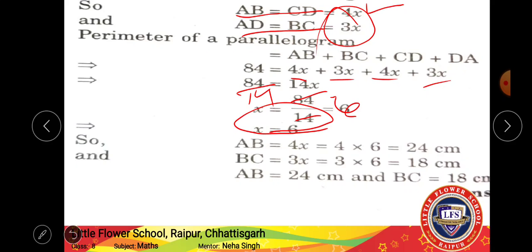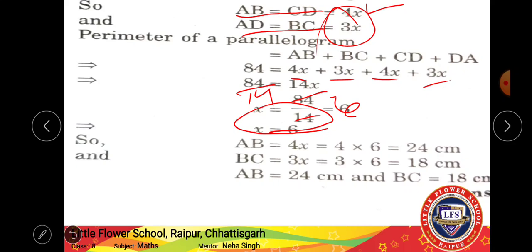BC is 3 into x, which is 3 into 6, that is 18. Similarly, AB and CD will be equal and AD and BC will be equal. So we have found all four sides.